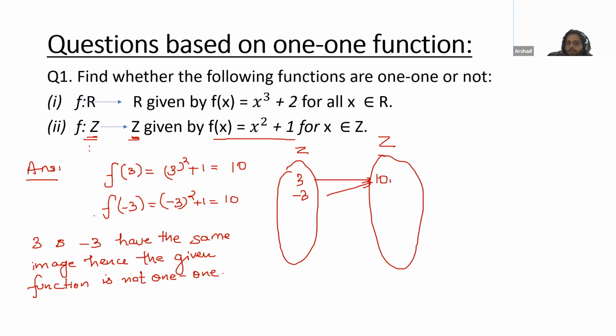But if a natural number is given here, in place of integer, will this function be one-one or not?